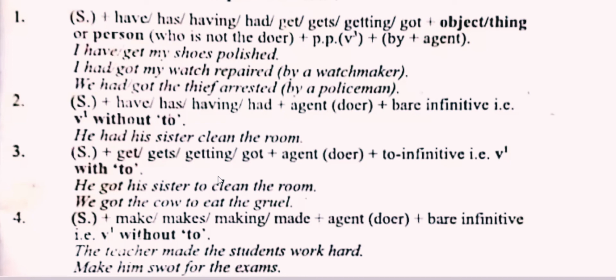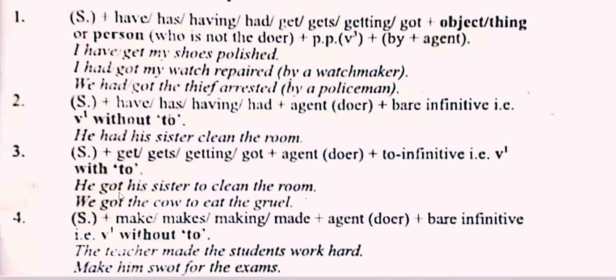Because you see, in number 1 and 3, there could be the same, but in number 1, second example, we had or got. Okay, number 1, the thief is here not the doer. Policeman did something upon the thief, so the thief remains passive, not the doer.